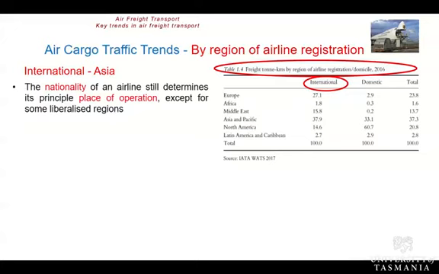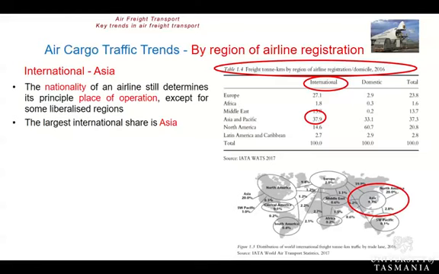And this is based on the principle that the nationality of an airline still determines the principal place of operation. So, except for some liberalised regions, for example, Europe. So the largest international share is Asia, as I said before. Around about 40% of all cargo moved around the globe is from Asian carriers.